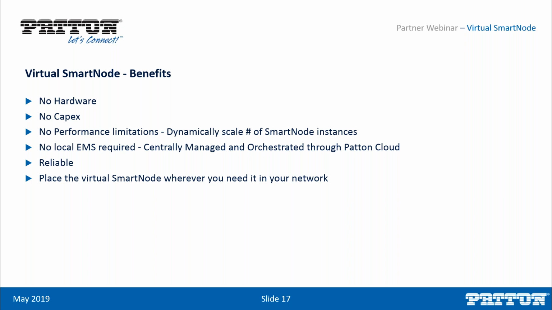The virtual SmartNode continues working based on the latest configuration it got from the patent cloud. This is going to work for a few days till a connection to the patent cloud is required again. With that, we want to make sure that if there is any issue connecting the SmartNode to the cloud, the service is still there. The customer is not interrupted by this.